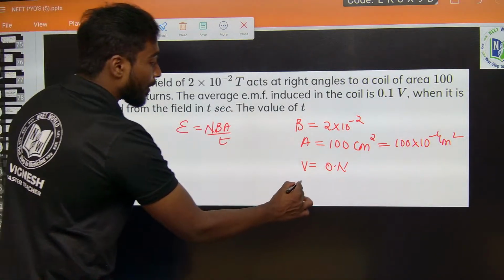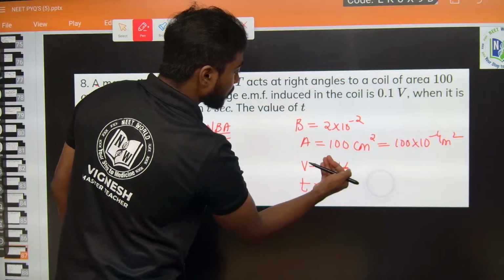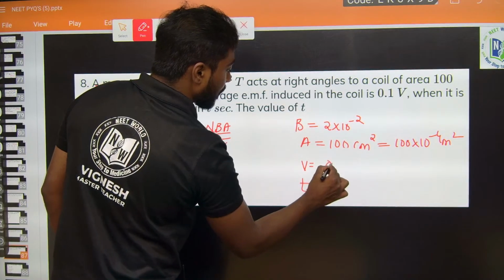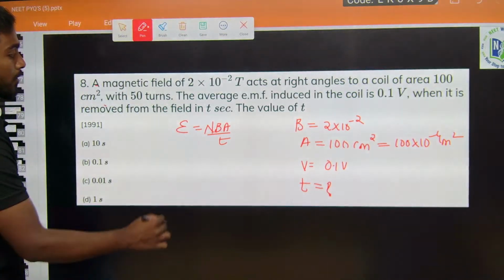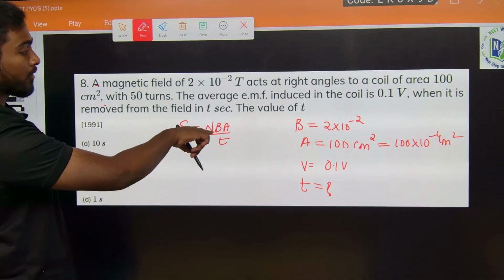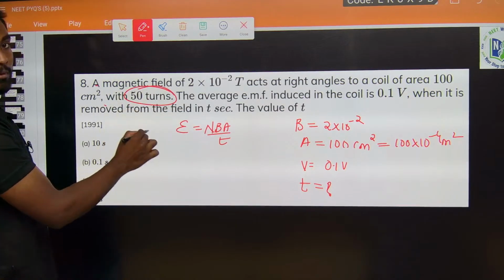I need to find the value of t. N is given, B is given, A is given, N is 50 turns.